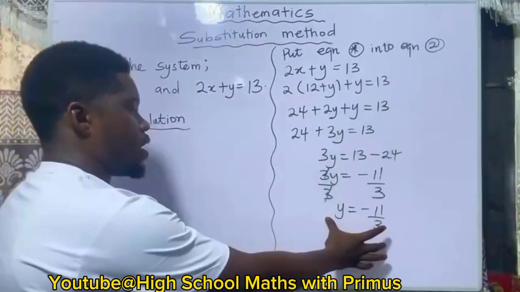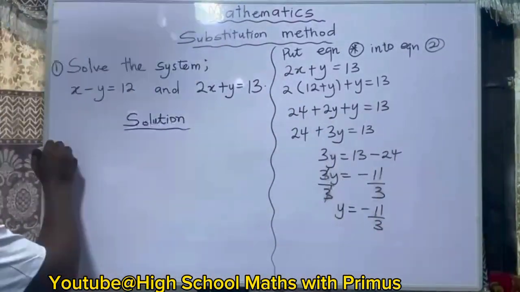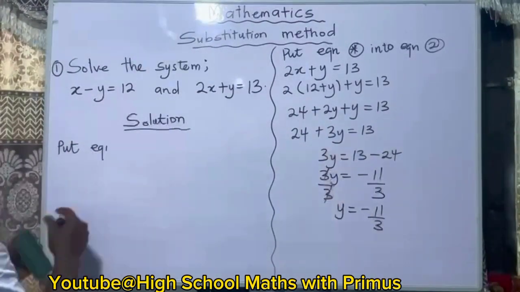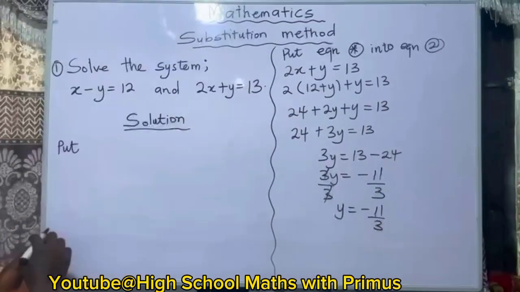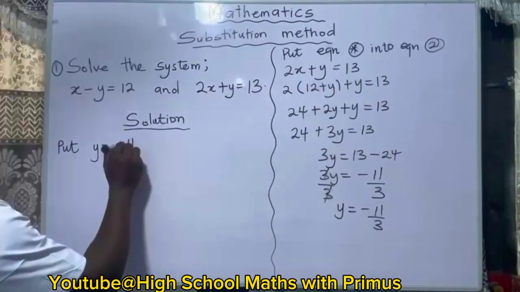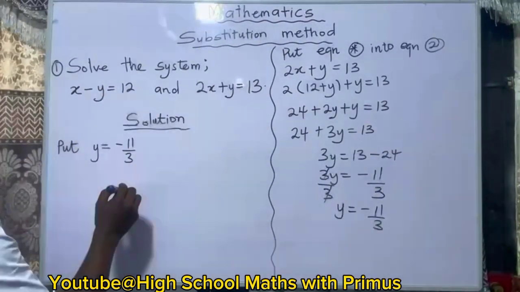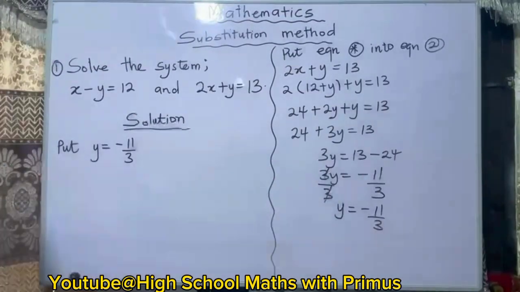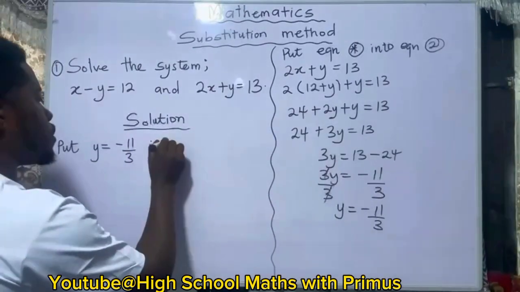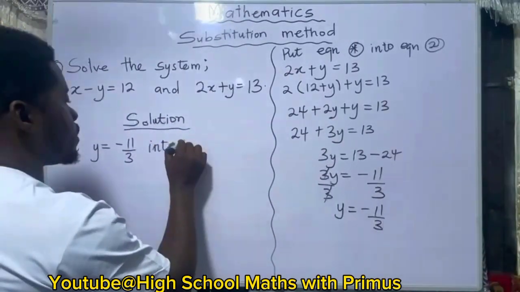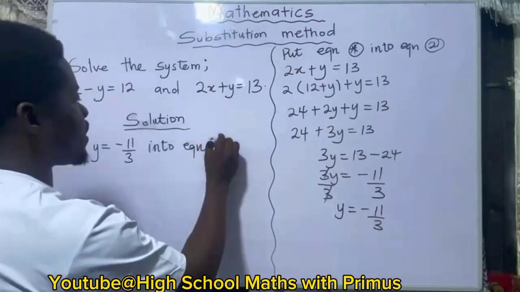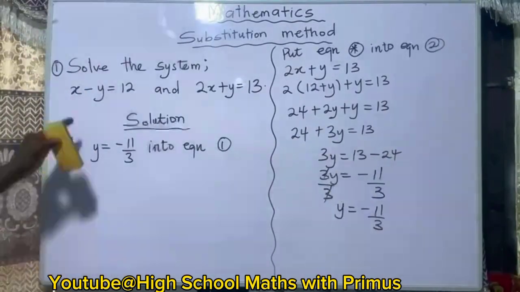After getting our y, we go back and say put y is equal to negative 11 over 3 into equation 1. And you know that's our equation 1.